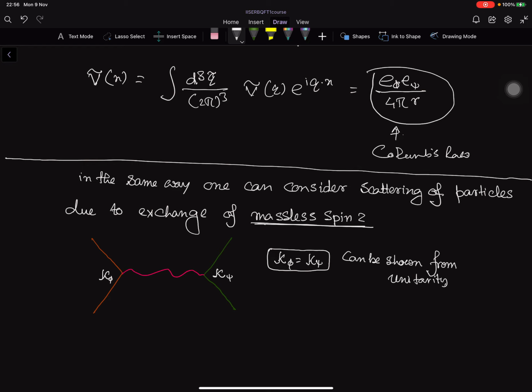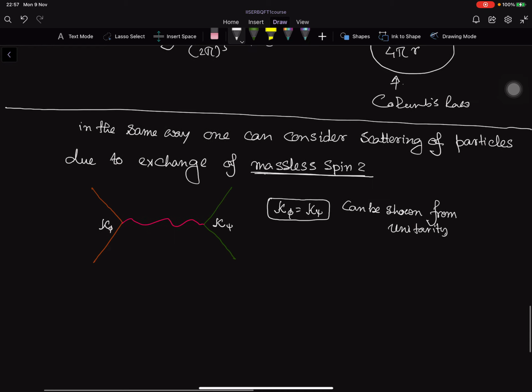This implies that the scattering amplitude, actually I gave the computation details.